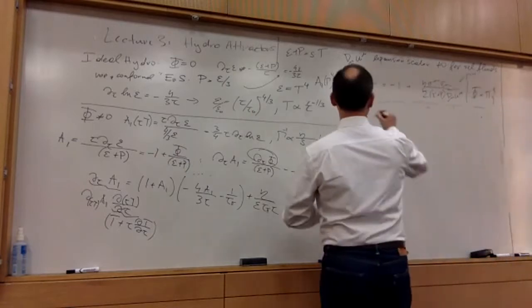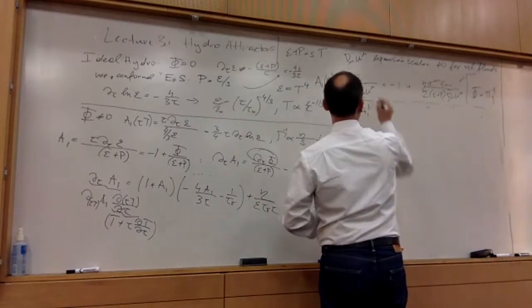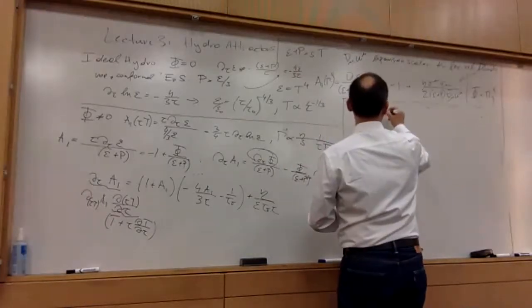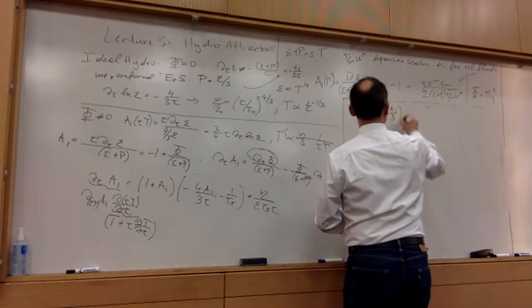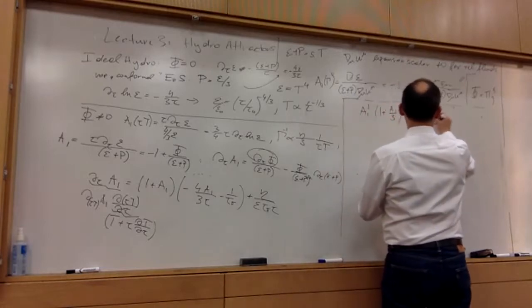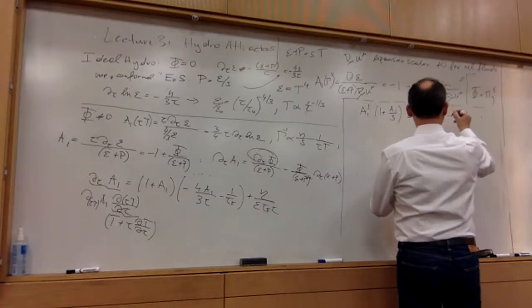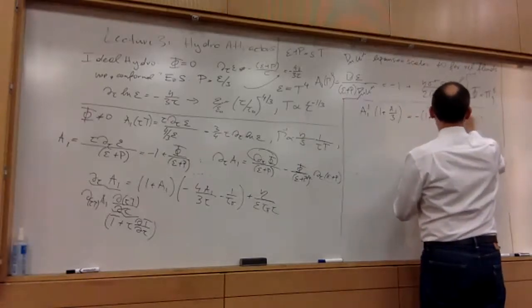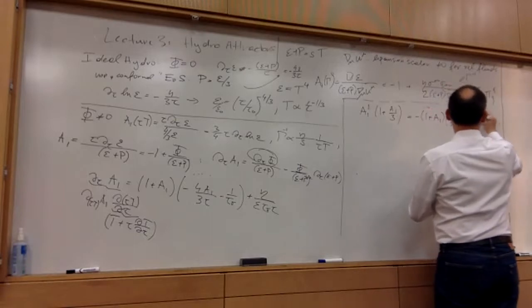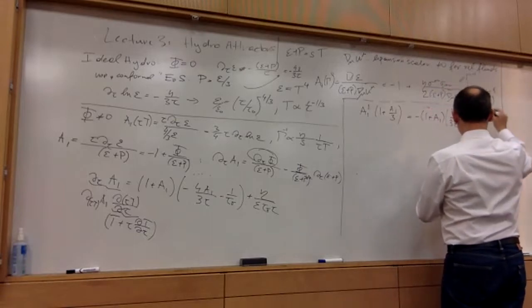So what do we get? Let me call it A1 prime for the derivative of A1 with respect to its full argument. 1 plus A1 over 3, that's essentially the Jacobian. And then we have minus 1 over 1 plus A1 times 4A1 over 3 tau t plus 1 over tau pi t.